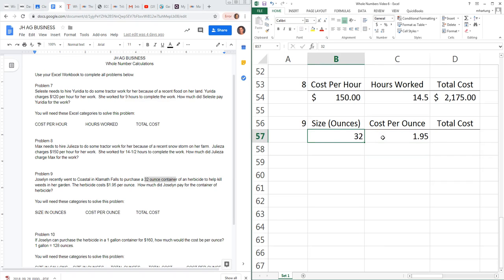So if I have 32 ounces and they're $1.95 for 1 ounce, what's the total cost? Once again, we could take $1.95 and add it together 32 times. Or we could do what? Add, subtract, multiply, or divide. What's the shortcut for addition?